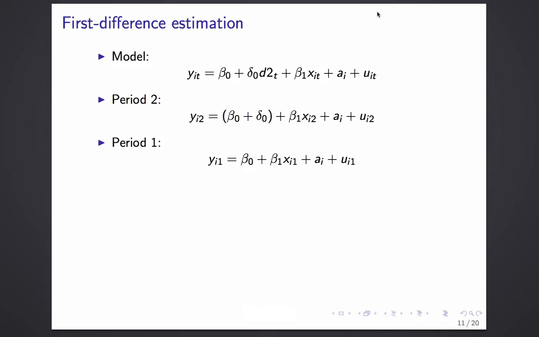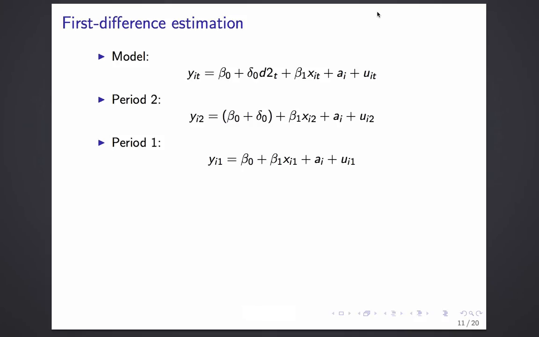And as before, we could estimate this model by OLS, but we would still have this problem of endogeneity, namely that x is correlated with the unobserved individual specific effect, AI. So the question is, how can we circumvent this endogeneity issue?